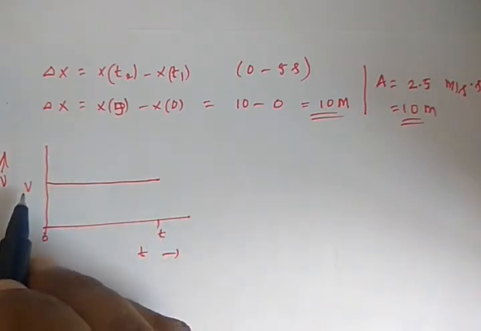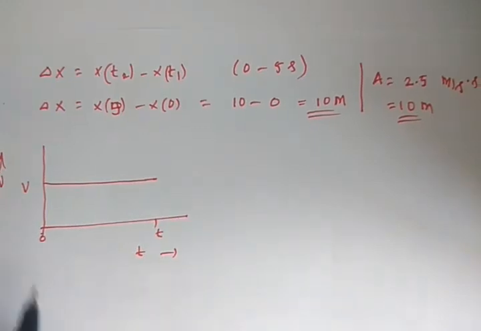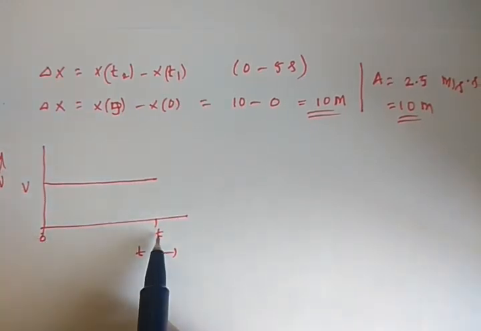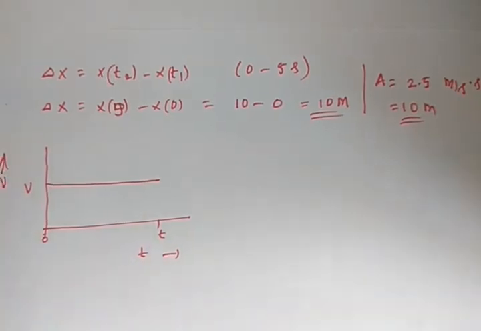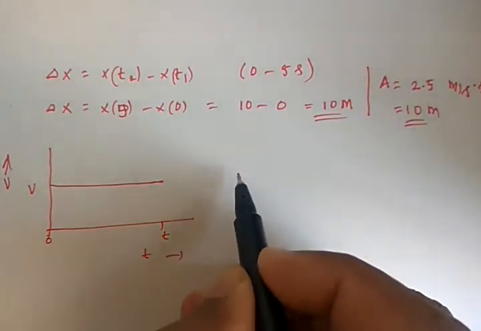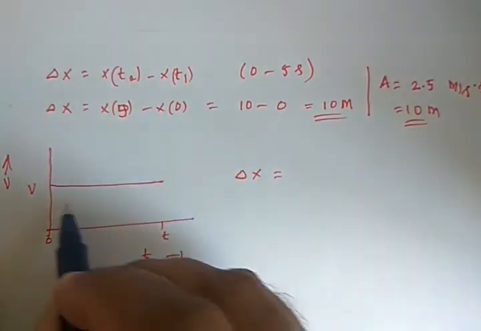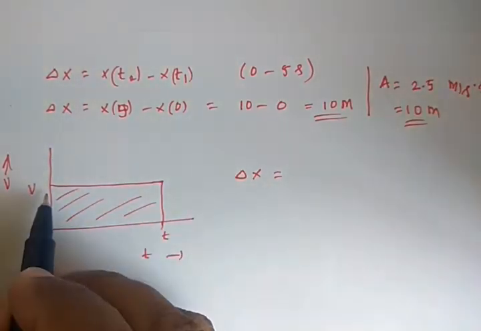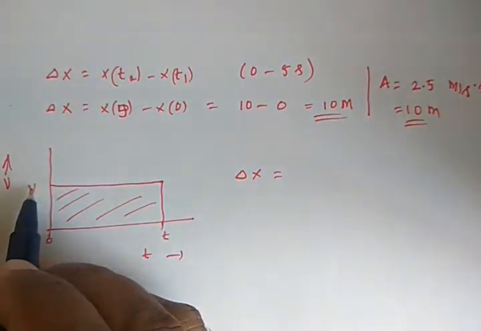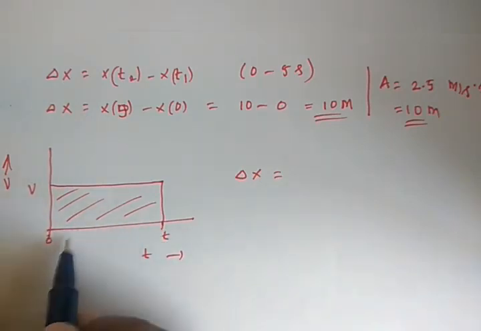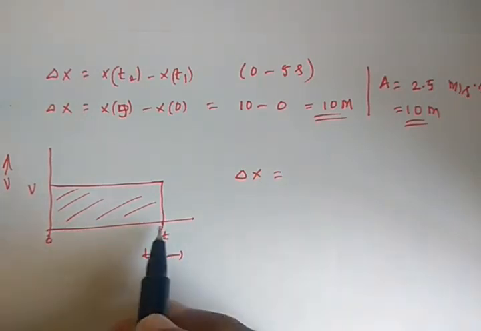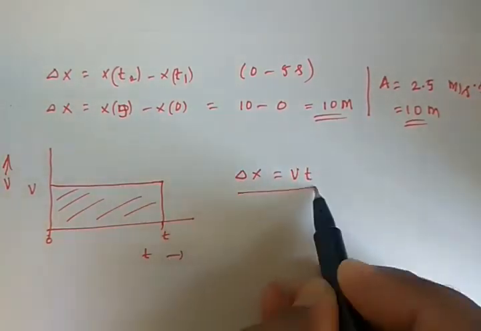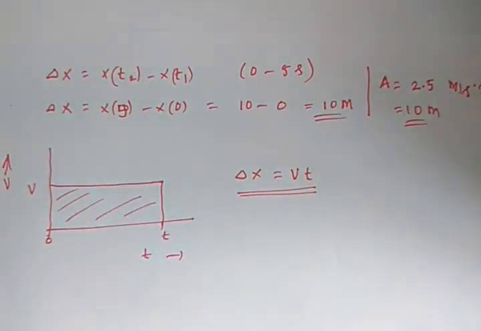So the body is moving with a uniform velocity between time t is 0 and time t. Then we need to find the change in position of the body between time 0 and t seconds. That you can get by taking area under this curve. This length is v and that length is t, so you can write it's vt. That is the change in position.